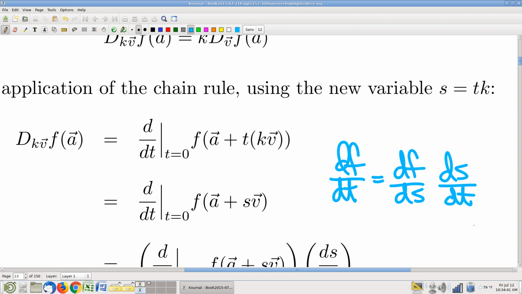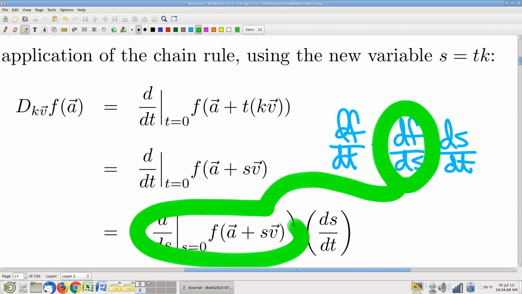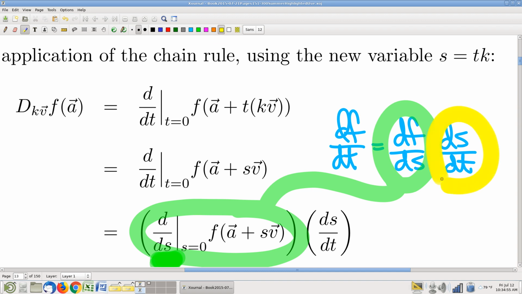Right, and let's write that down. So notice what I have here, we're taking now the derivative with respect to s. See the s now there? And then we're multiplying by ds/dt. How we doing? Everybody happy? Again, that's just a little single variable chain rule.